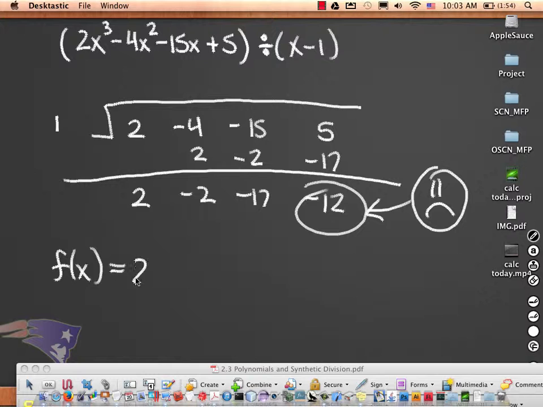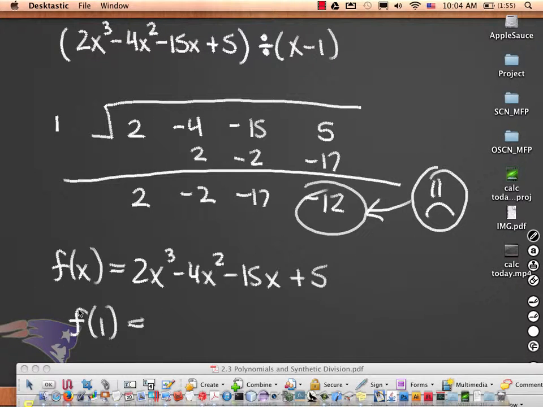if the function 2x cubed minus 4x squared minus 15x plus 5, if I plug a 1 into this function and calculate f of 1, it turns out that the number I get is negative 12.